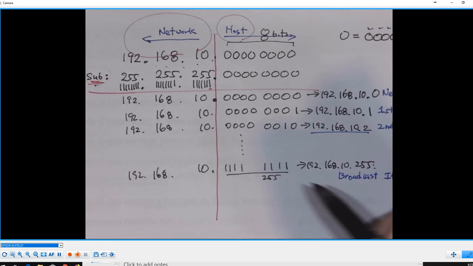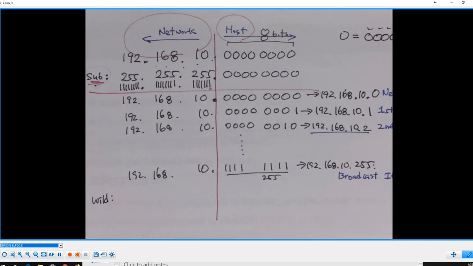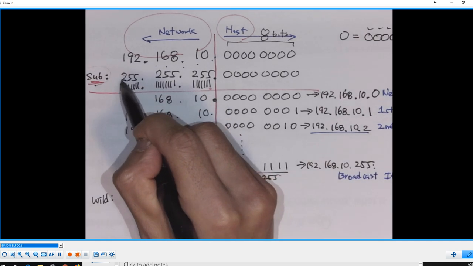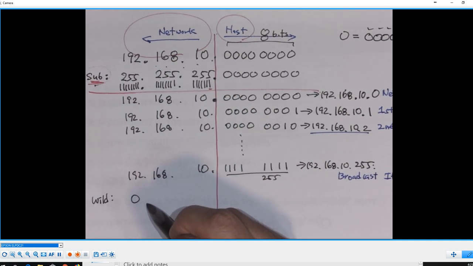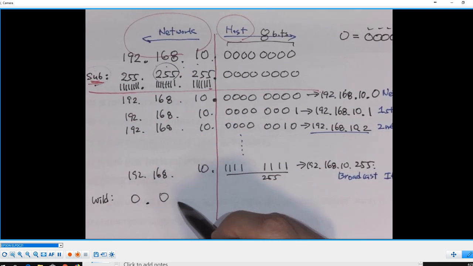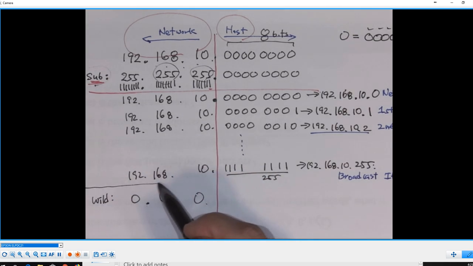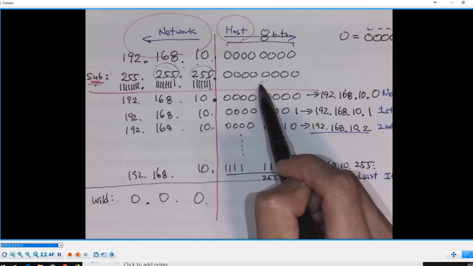Whereas the wildcard mask, the opposite of 255 is 0, right? The opposite of 255 is 0, and the opposite of 255 is 0, right? And then this is a 0, right?